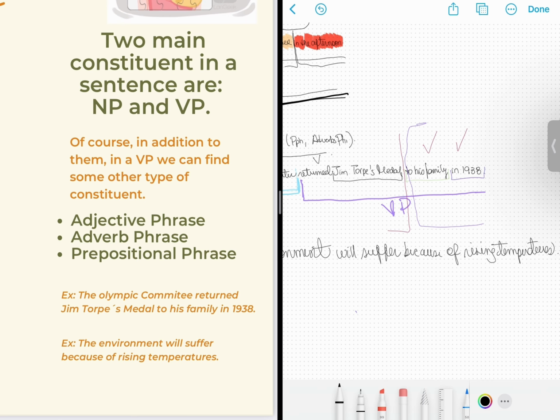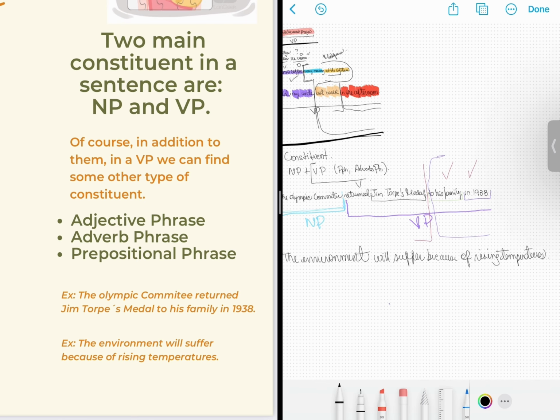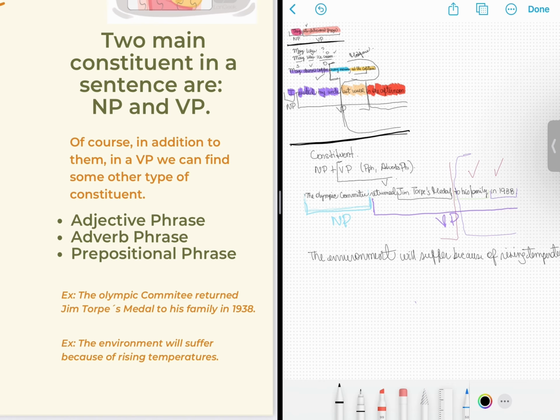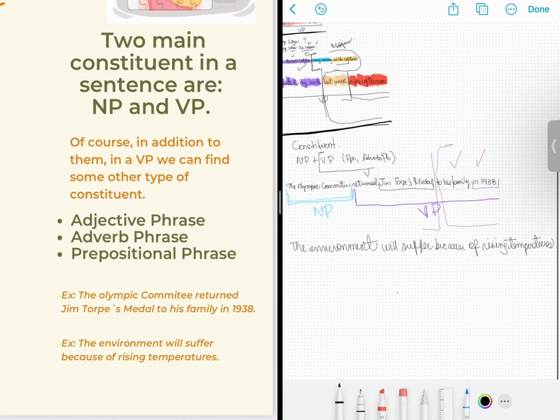Oh, that is complete. Now I have a phrase in there. If I tell you to divide the sentence, okay, the environment, this is my subject, so this is my MP. And will suffer because of rising temperatures, this is my verb phrase, this is my predicate.